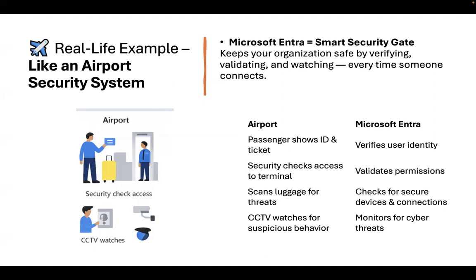The same way, it is also happening in Microsoft Entra. The passenger showing ID and ticket is compared with verifying user identity. In Microsoft Entra also, when we are in an organization and somebody is trying to access some resources within the organization, the request will first go through Microsoft Entra, where the user will be verified, and it validates what kind of permissions he or she or the system has.